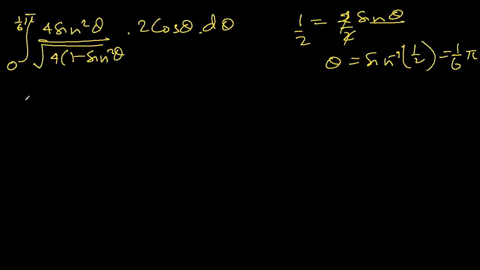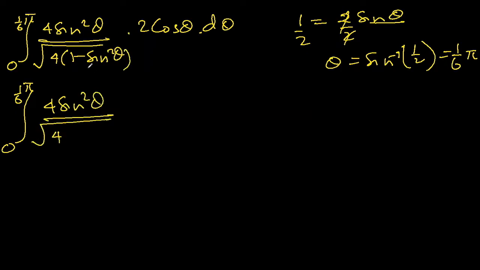So it becomes 1 over 6 pi, integral from 0 to 4 sine square theta, and the square root of 4, and 1 minus sine square theta is cos square theta, times 2 cos theta d theta.